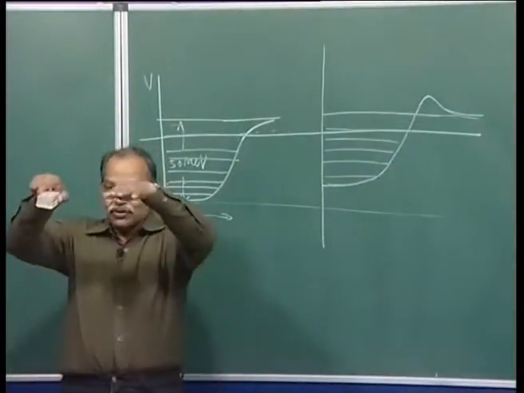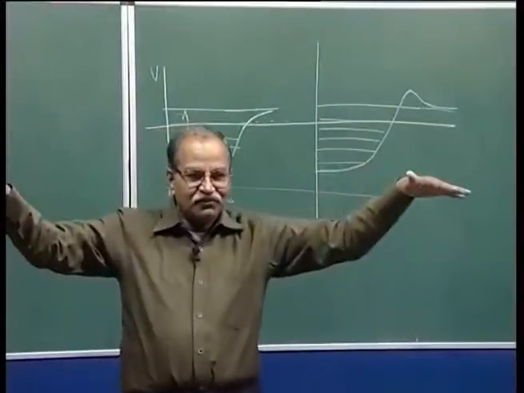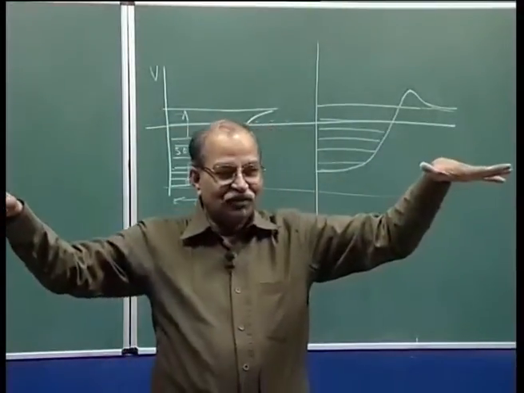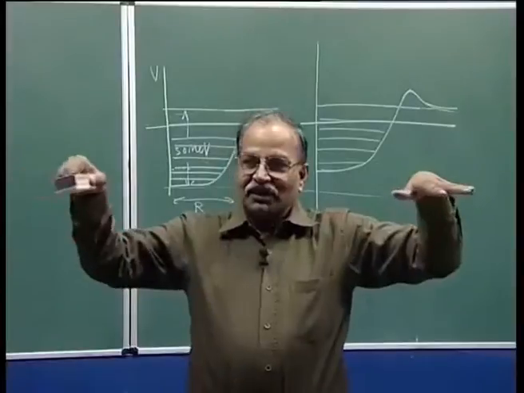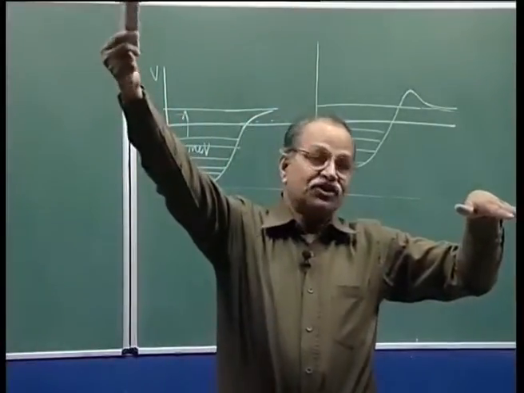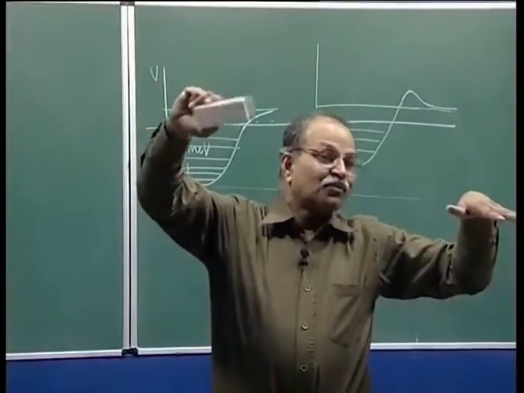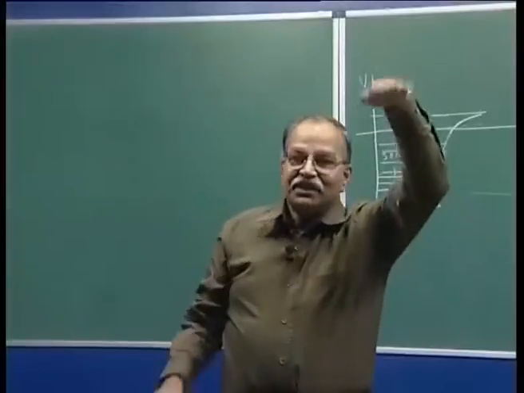So, protons and neutrons both should fill up to almost the same level. The Pauli exclusion principle has to be obeyed up to the same level. Otherwise, neutrons can go into protons or protons can go into neutrons, and these empty shells will be filled up.